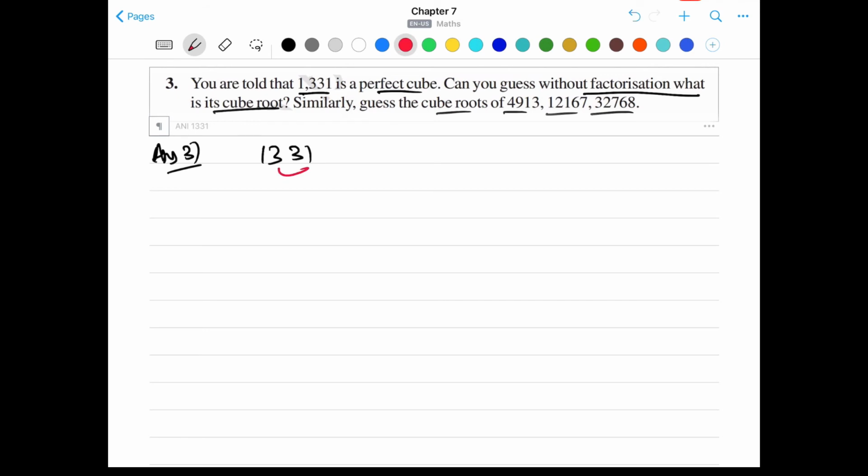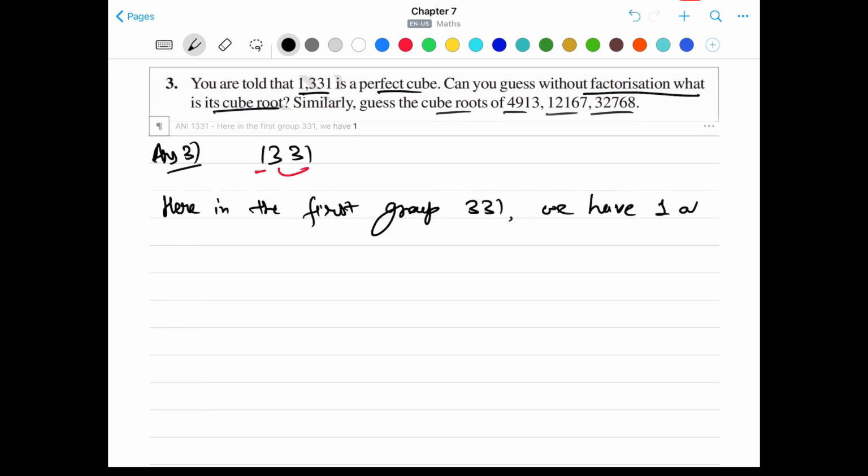In this given number we have one triplet, 331, and then we have this single digit 1. So we got 2 groups. The first group is 331 and the second group has only 1 digit, which is 1. In the first group, 331, we have 1 at its units place.